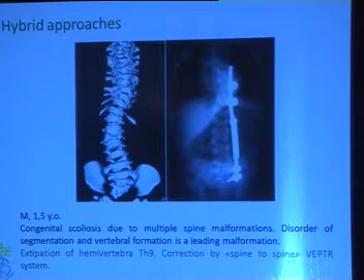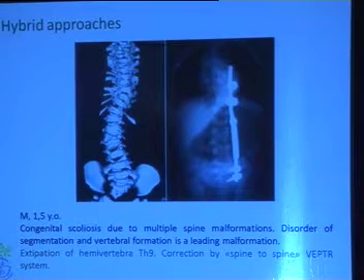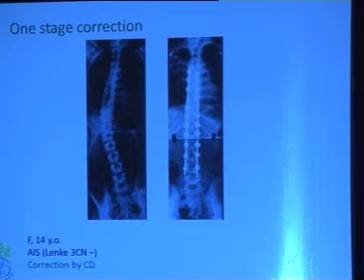We use the technique of extirpation of the T9 hemivertebra, with correction by a spine-to-spine system. This part is the shortening technique, and in this part we used a distraction device for the vertebra, and here I see good correction of deformity.